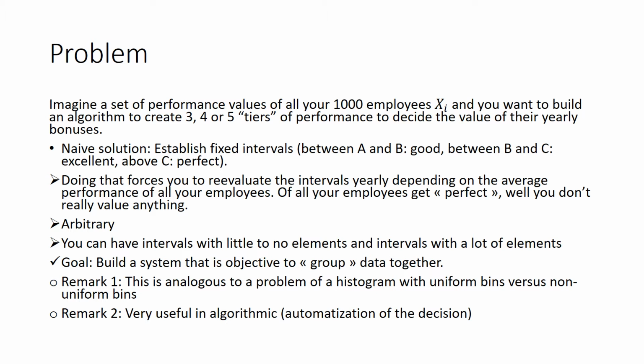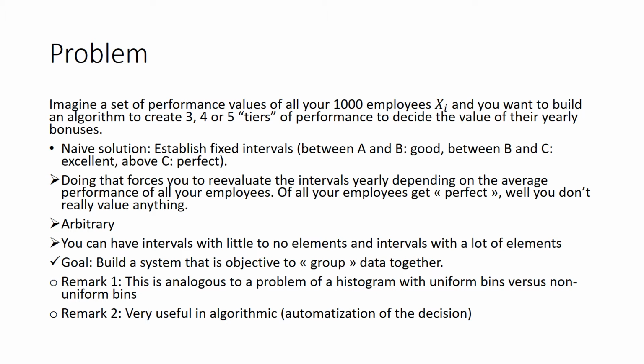Doing that forces you to reevaluate the intervals yearly, because the performance of the crowd can change. So the average will change, and the variance will also change. So this is also very arbitrary, because it's you who chooses the ranges, and finally you can have intervals with little to no elements.